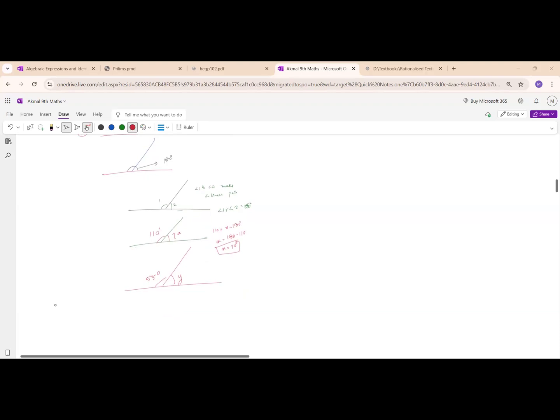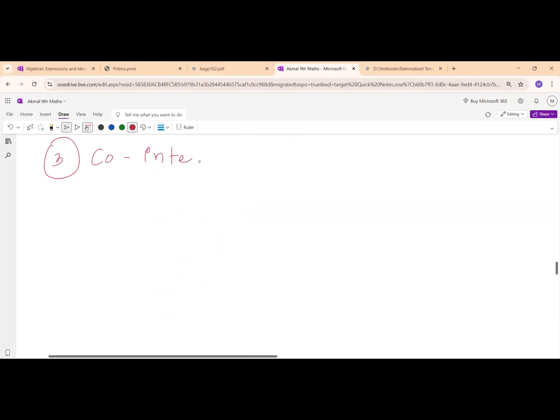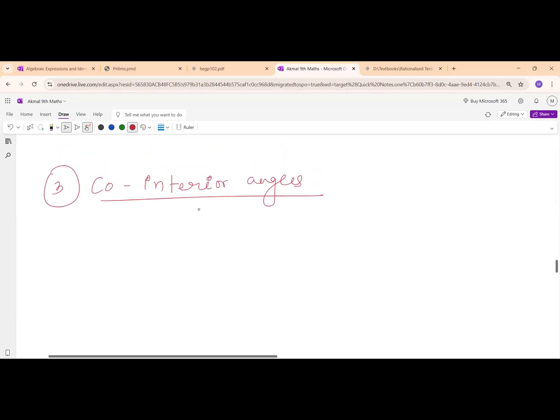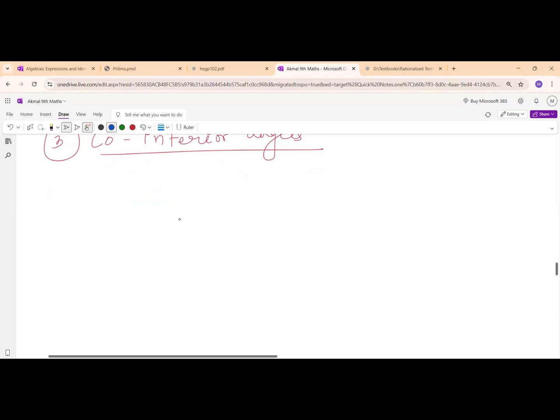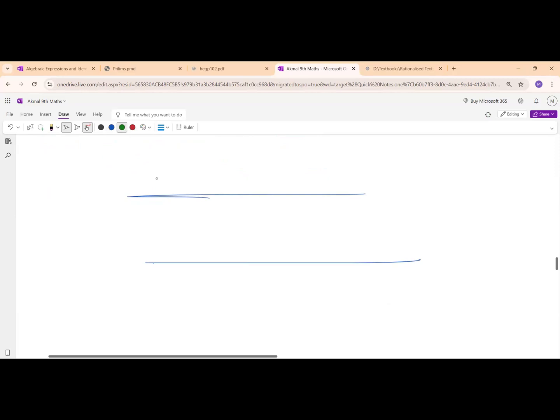Now, Akmal, moving on to the third type, that is, the three types of angles that are made by parallel lines. First, let's talk about co-interior angles. We'll take a pair of parallel lines, let's say this is line L, this is line M. Let's say there is a line cutting these parallel lines.